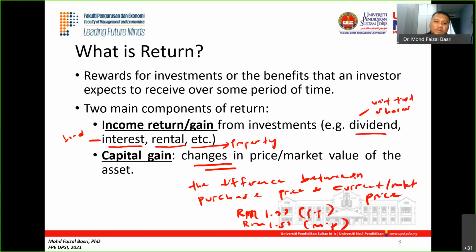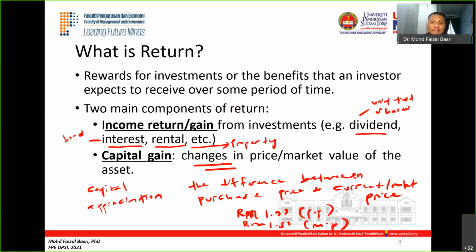Whatever the change of price between the purchase and the current price will be your capital gain. Sometimes we call it capital appreciation. Okay, so appreciation is the opposite of depreciation. Kalau depreciate, the value dropped, but for appreciation, the value is increased. Okay, so that's the second type of return.